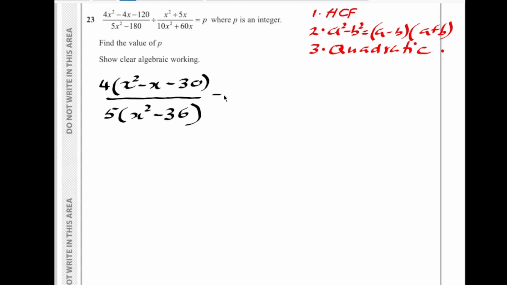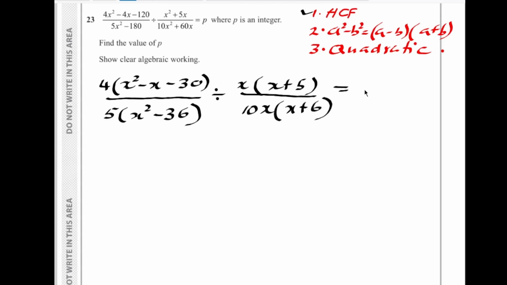Next one is division. X squared plus 5x. There is also a common factor, x plus 5. Can you see how important this case is? It's very important. And in this case also there's a common factor which is 10x. So x plus 6 equals p. So this is the very first step.